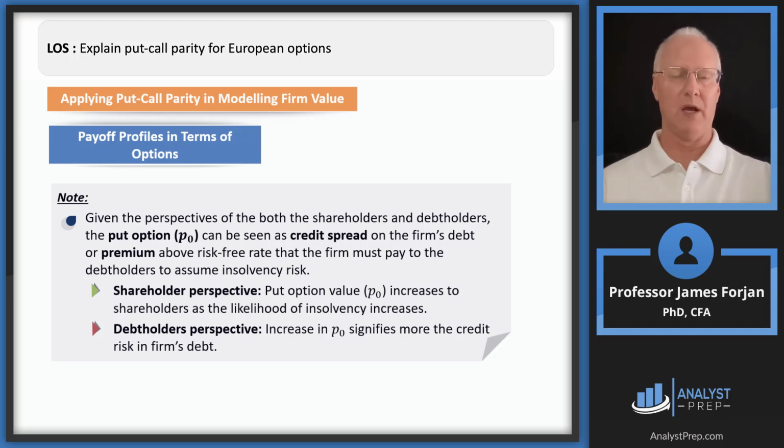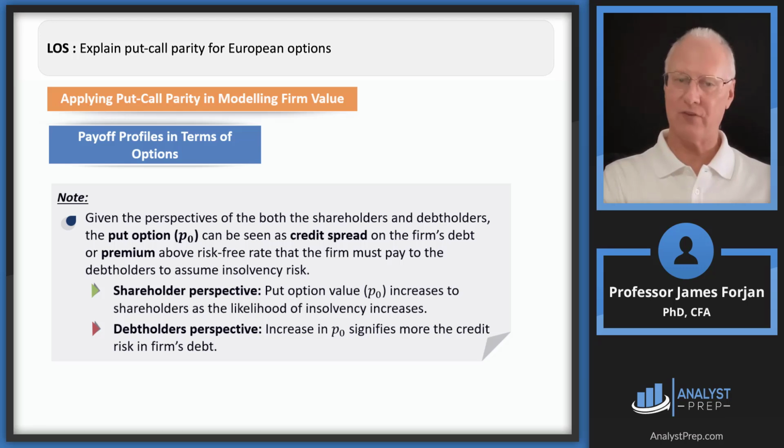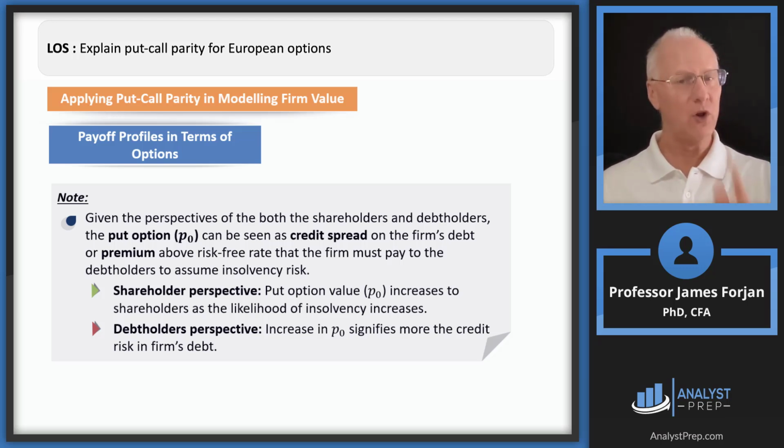Now, these last two arrow points in the bottom, really, we could have conversations about this for a really long time. But what we're going to learn in the next learning module when we do the binomial option pricing model, and then when we do the Black-Scholes-Merton option pricing model, and when we do a bunch of stuff in level 2 and in level 3, is that when you view the equity of a company as a call option on the assets of the company, you consider all of the inputs that go into option pricing, which we don't know a whole lot about just yet, but I'm going to give you the end result.